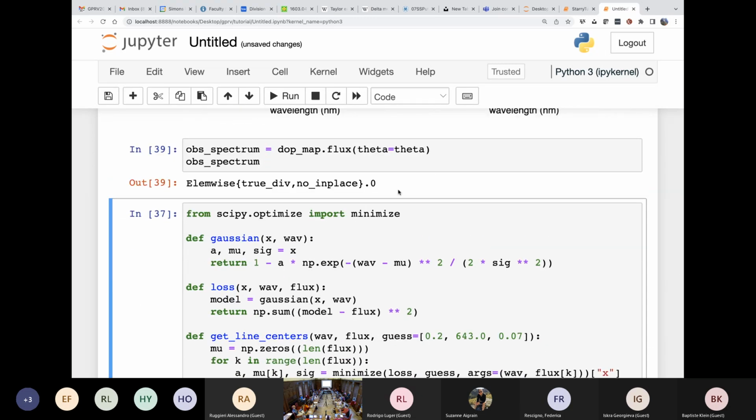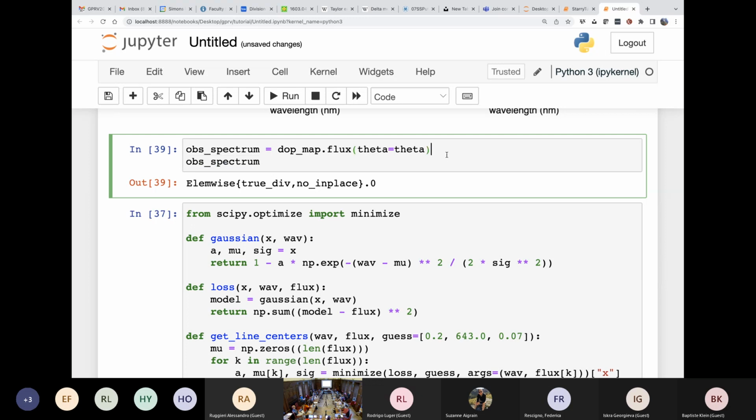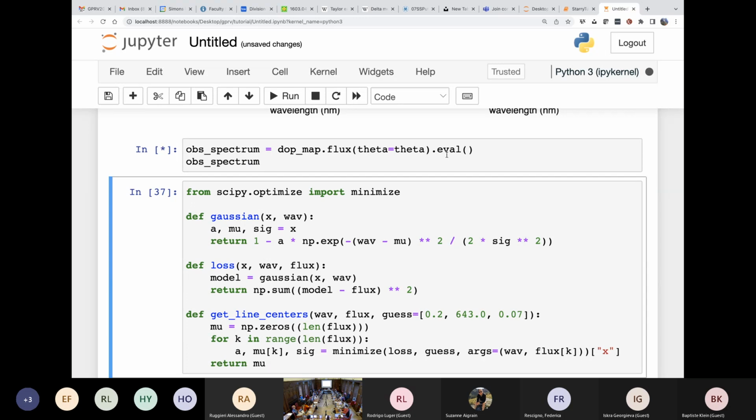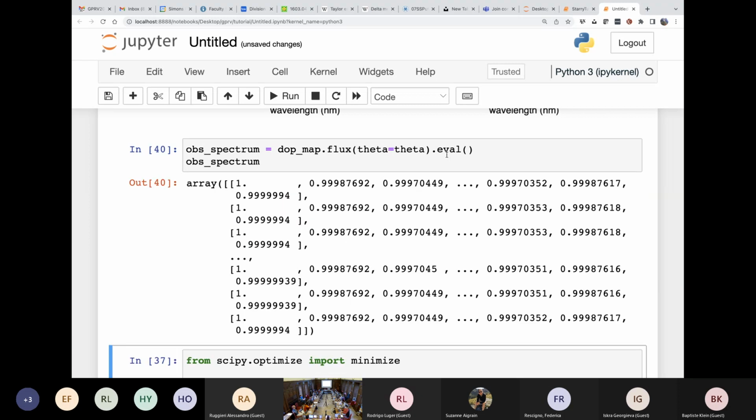You'll notice that this thing is not a numerical value, it's a node in a Theano computational graph. If I were to go back and pass lazy equals false, it would automatically compile this and return a numerical value. What I'm going to do instead is the hack of just calling eval on this function. This is slower because it's not actually compiling it. It's going through and evaluating all the things in the node without any optimization, but it still works.